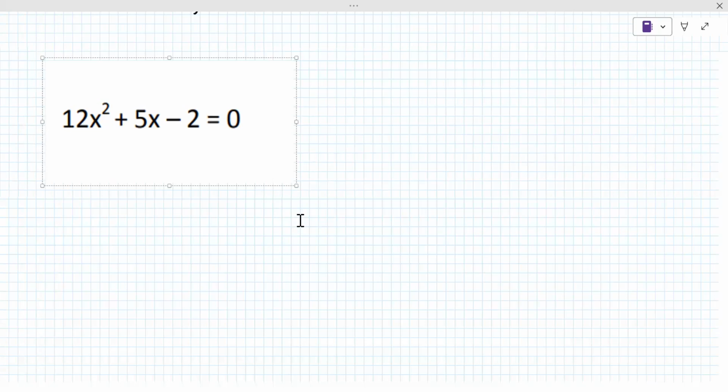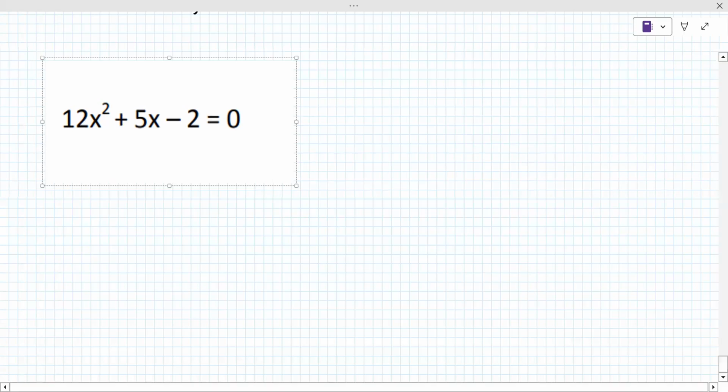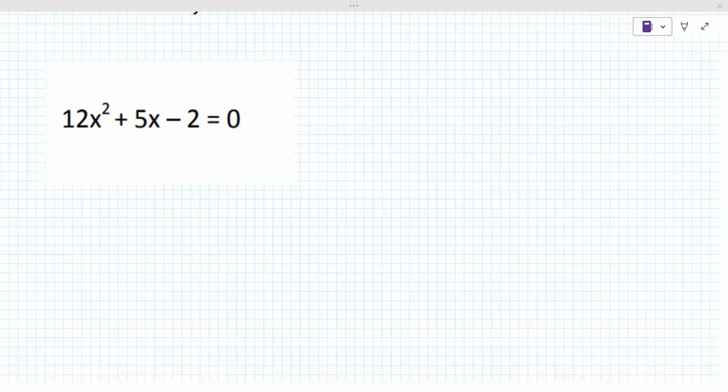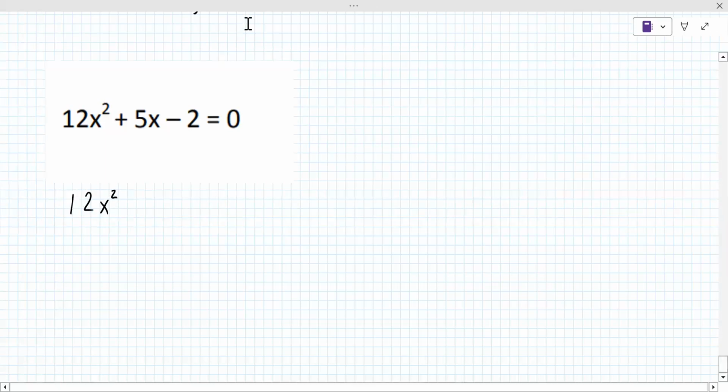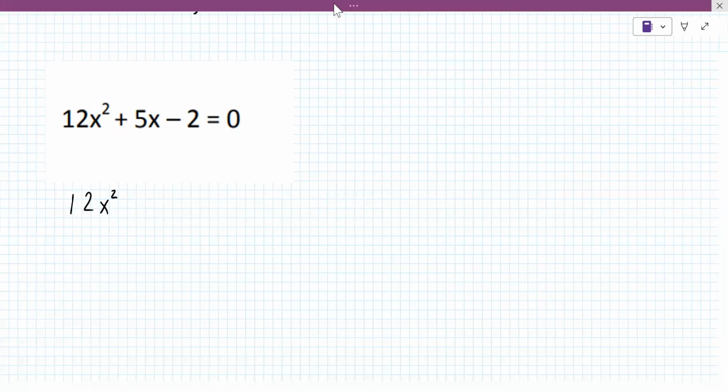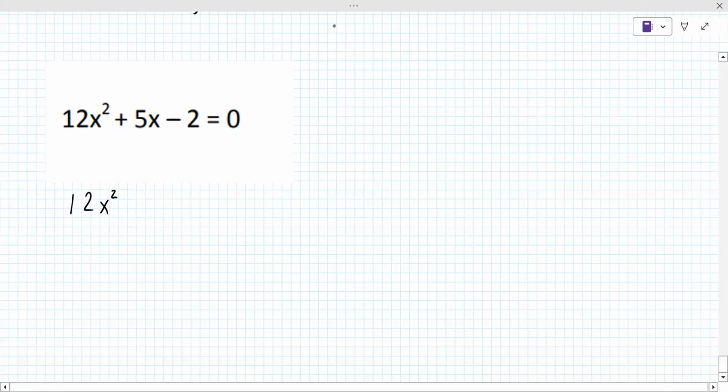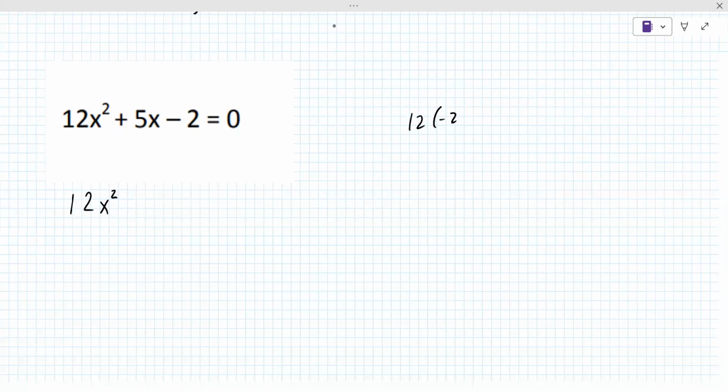Multiply to -24x and add to 5. -3 and 8, so then 12x squared minus 3x, and then plus 8x. And you get, factor out -3x.